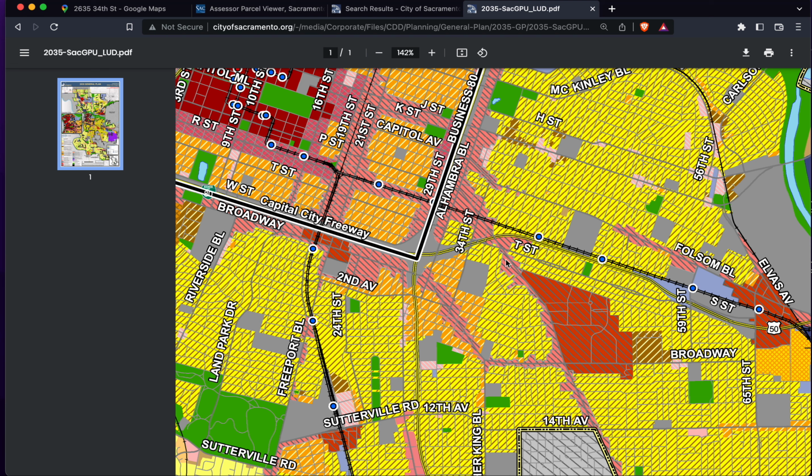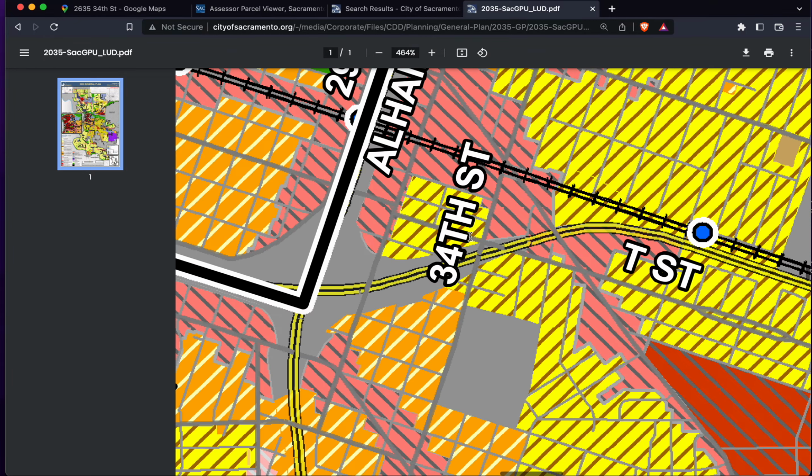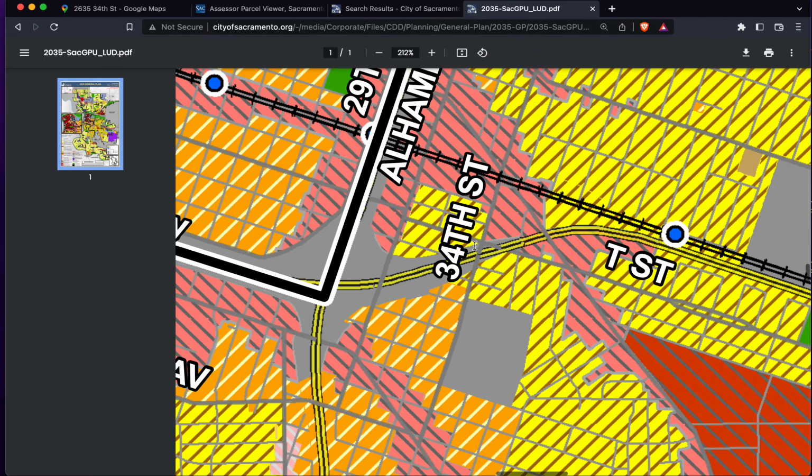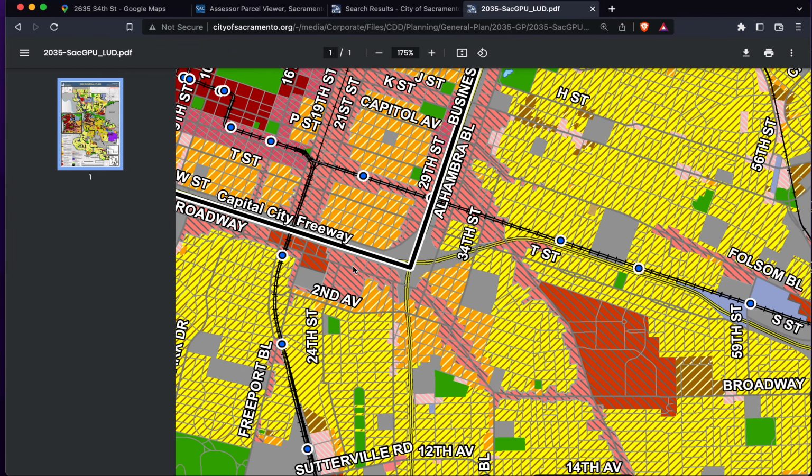This yellow one here is 99, Business 80. And 34th Street is here, and we have Broadway here, which is this line. So Broadway turns here, at 34th Street.